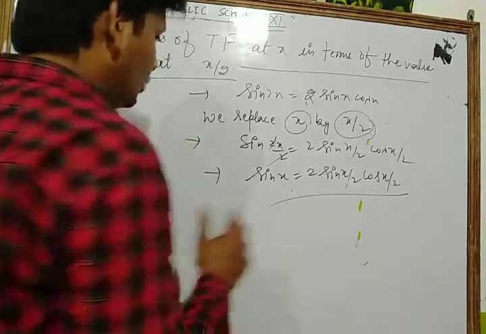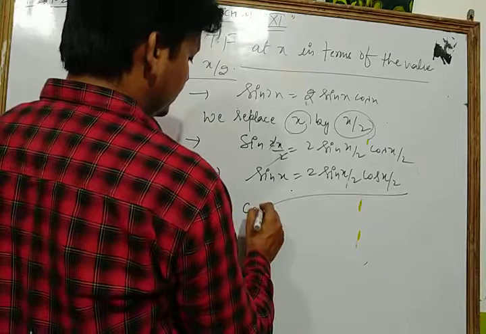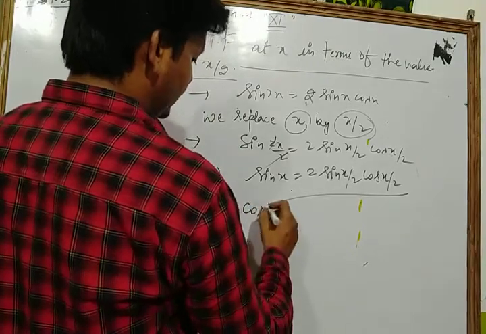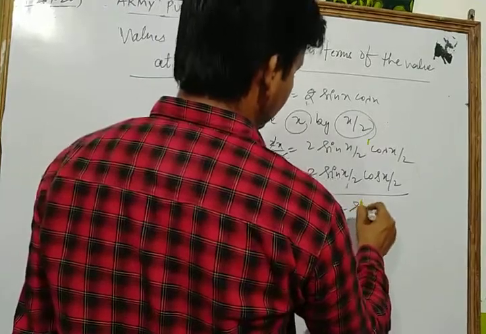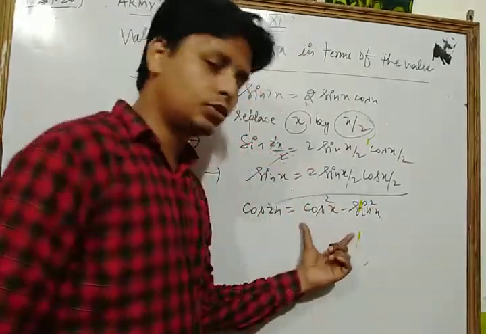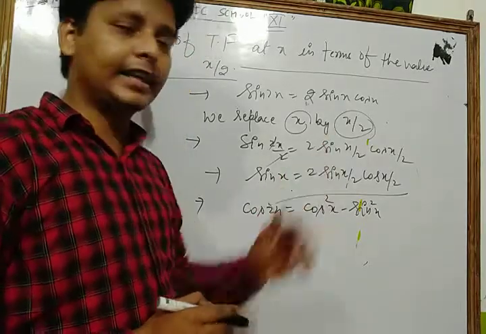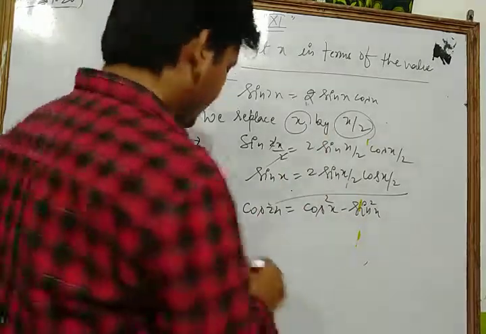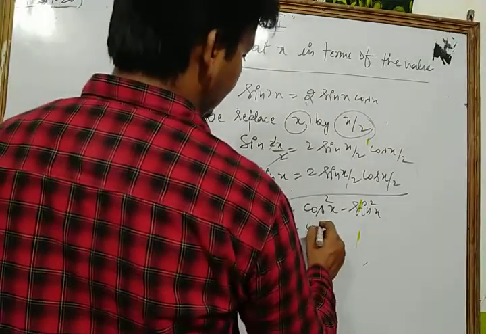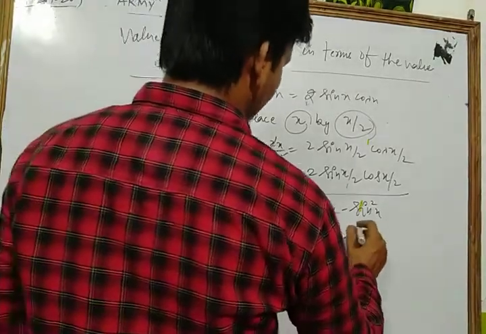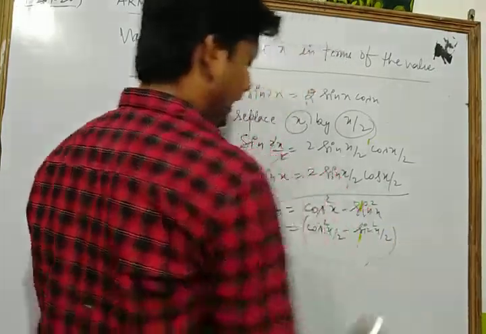Okay, now let's see some other formulas. Also, we know that cos 2x is cos square x minus sin square x. Suppose we replace x by x by 2, then what do I get? We get cos x here, and here cos square x by 2 minus sin square x by 2.